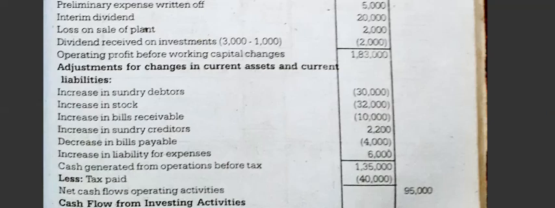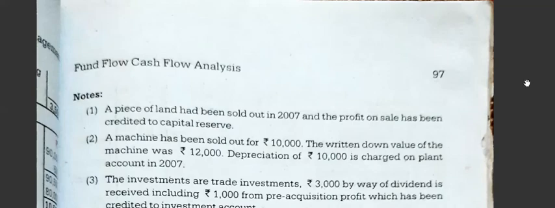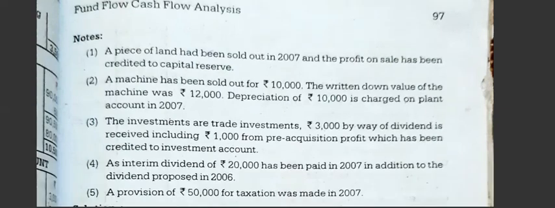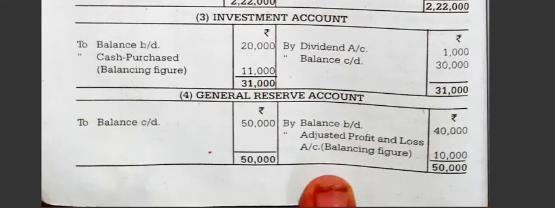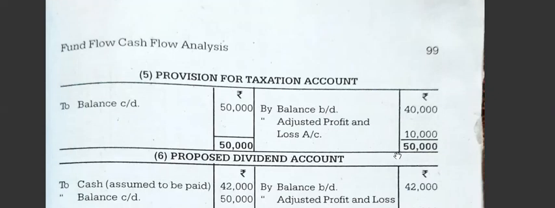Tax paid: you will get it from the provision for taxation. 40,000 amount is paid in the next year. So last year's taxation of 40,000 is paid, so it is considered as a provision created.